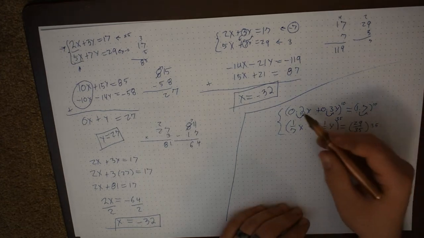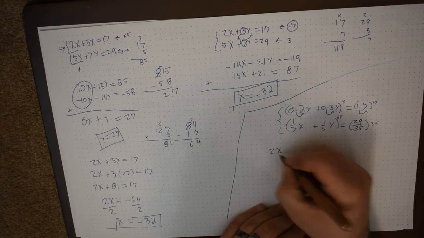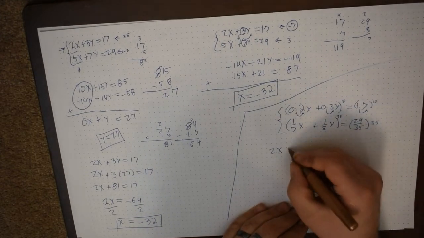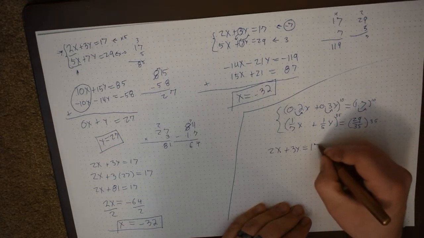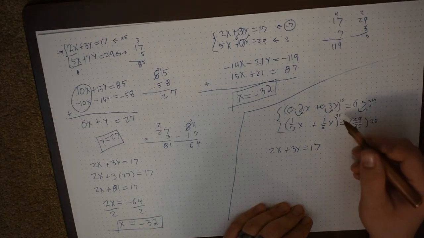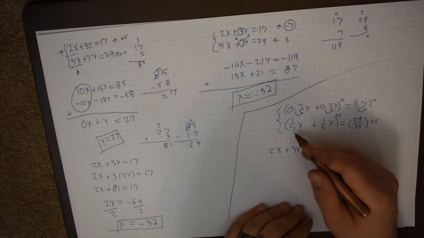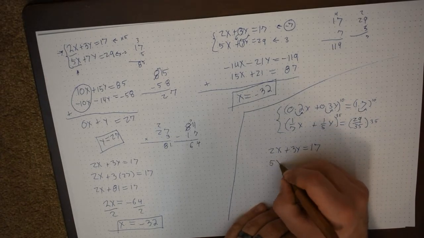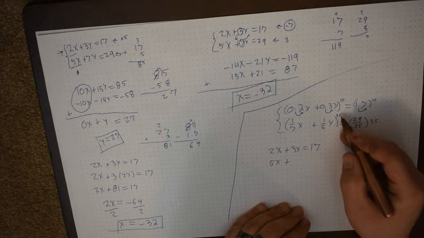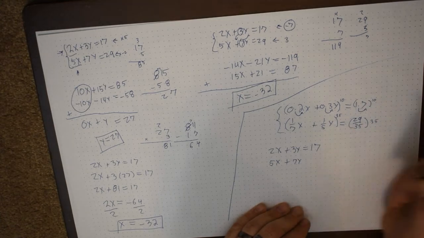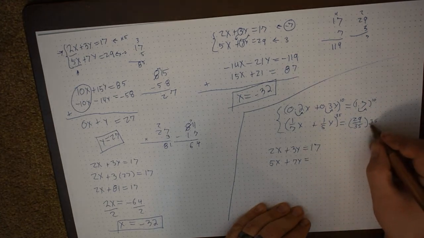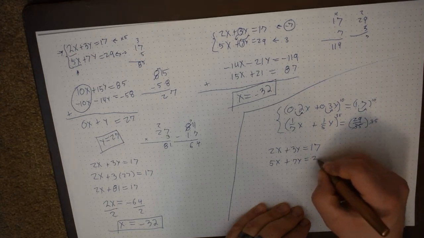This top equation, bump that decimal, becomes 2x plus 3y equals 17. And this bottom equation, 35 divided by 7 becomes 5x plus 35 divided by 5 becomes 7y equals, 35 cancels out with 35, 29.